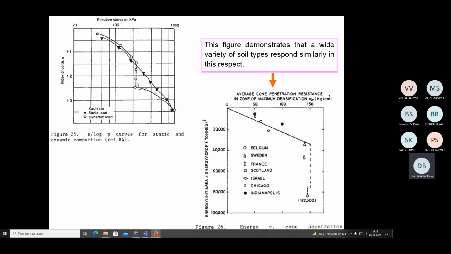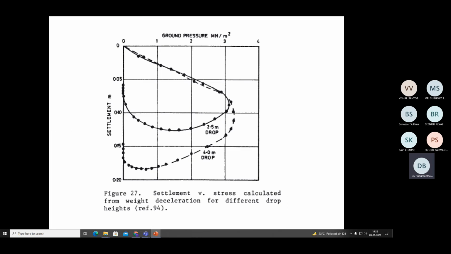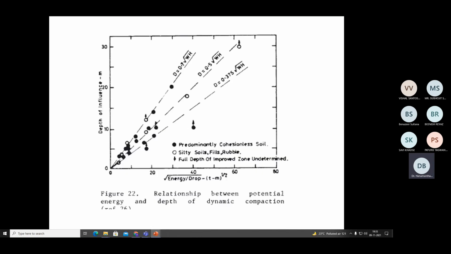Here the sudden drop indicates the drop of the heavy weight at a particular location. Here you can understand how much the volume change is, that is, the change in void ratio. There is a sudden decrease in the void ratio. But at the end, the total final degree of improvement remains the same as that of the one-day consolidation, and it has to be. Okay. Now this is another important point.